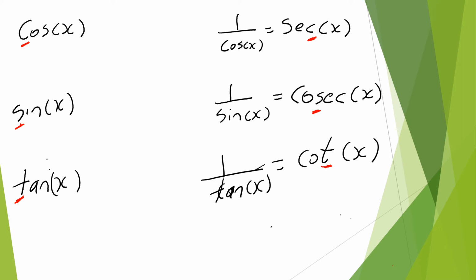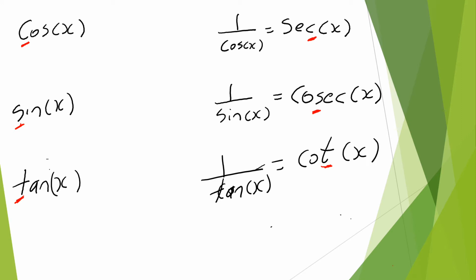Now we use these reciprocal functions. Obviously we'll use them a lot in differentiation and integration, but we use them to prove trig identities. Identities are like facts. They are always true. So to prove them, they are not equations, so you don't rearrange between left and right hand side.